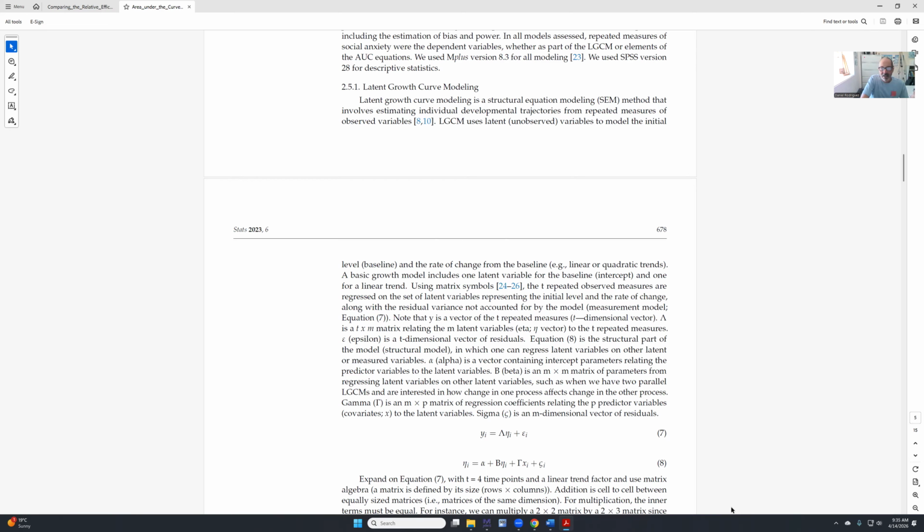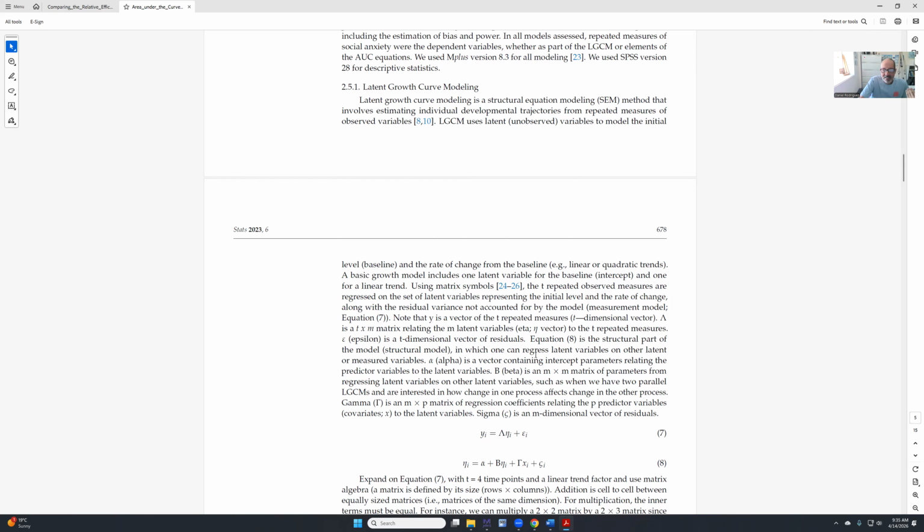So LGCM uses latent variables, as you know from the SEM lecture last week. These are unobserved variables. It uses those to model the initial level and the rate of change from baseline. Again, latent variables are unobserved; they're only known through their indicators. One of the indicators is baseline level, and the other is rate of change from baseline.